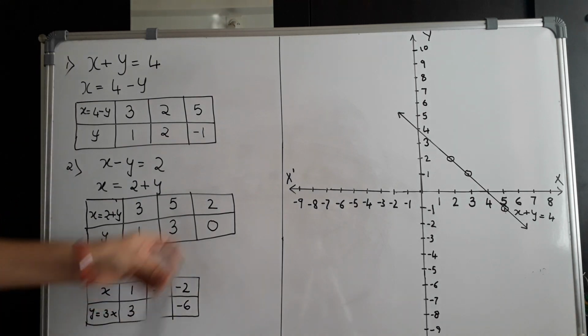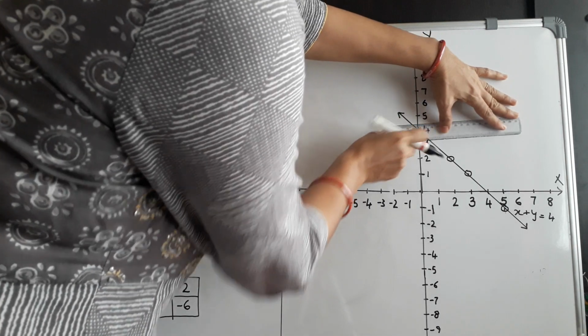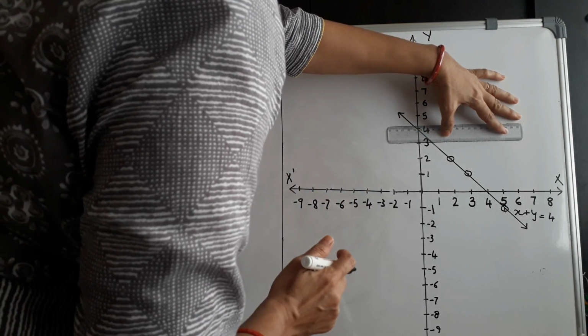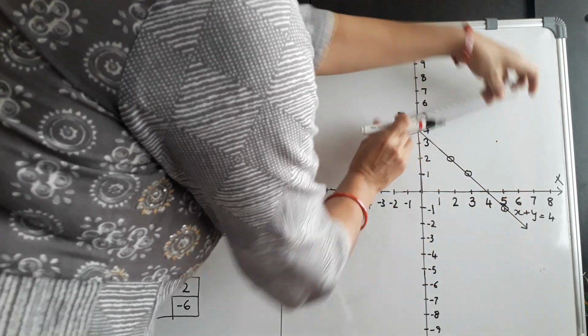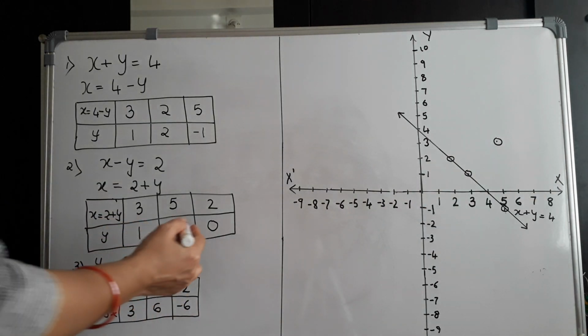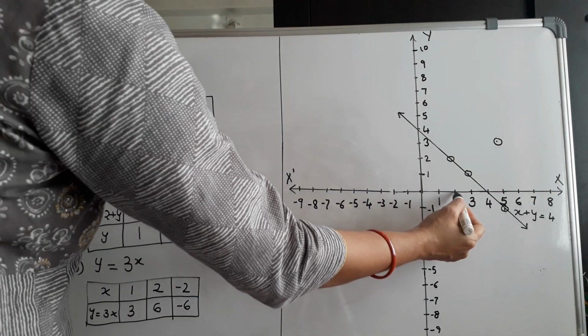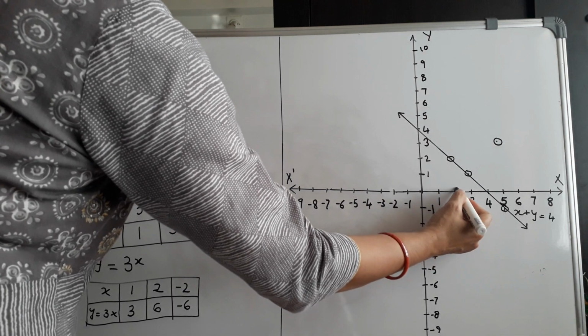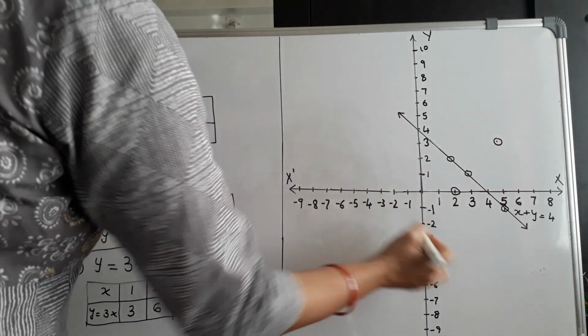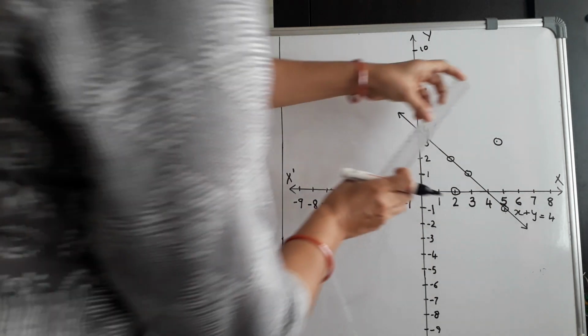Let me use a scale so that I don't go wrong. So x is 3, y 5 straight here. Then we have 2 and 0. X is 2 and y 0 is here. So this point. So now these 3 points should be joined using a scale.